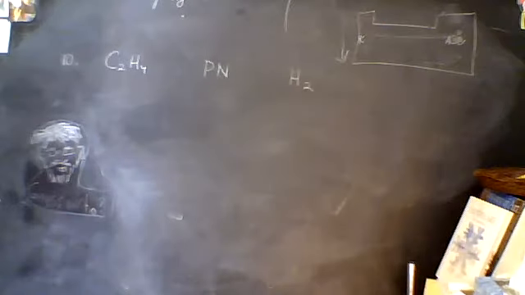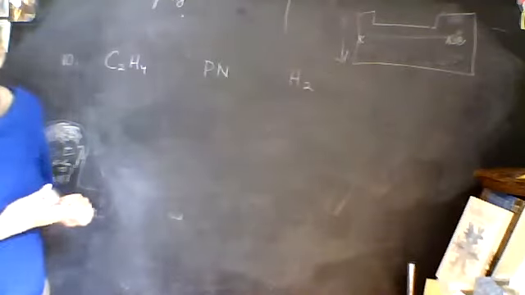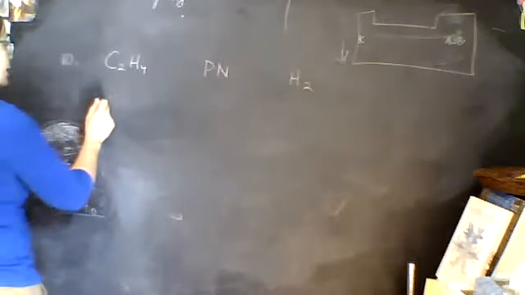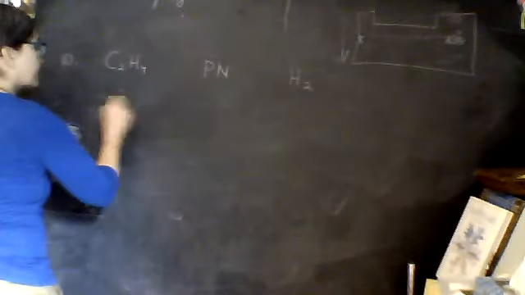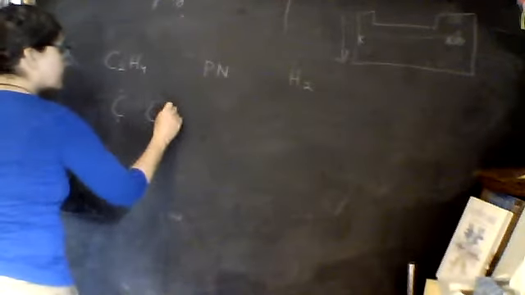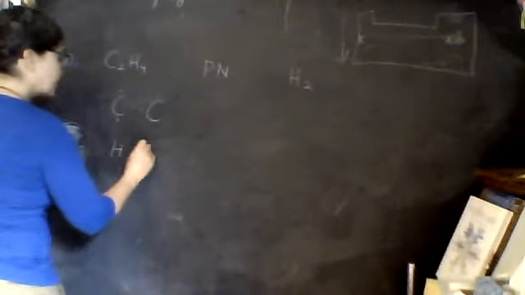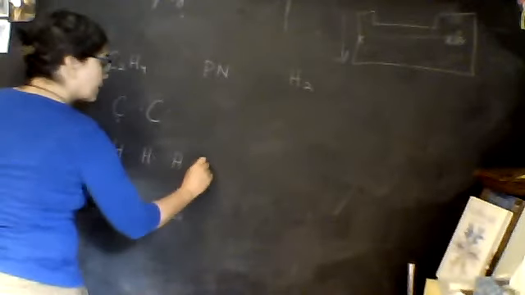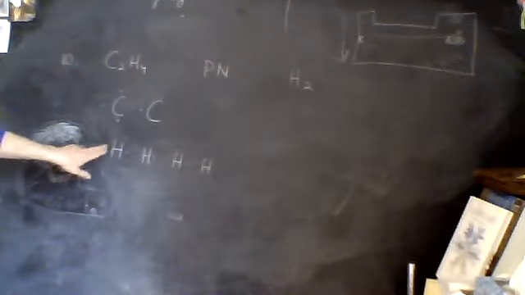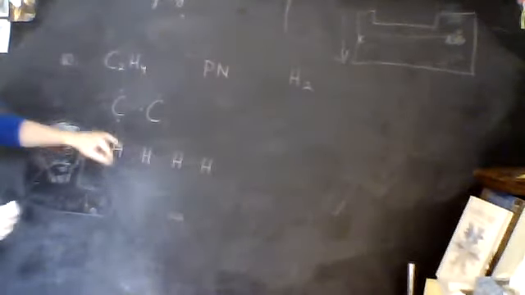Okay. So in order to look at that, we have to see what their Lewis structures look like. Okay. So C, what does C look like again? C is in column 4. So it's 4. H, H, H, H, right? These two are going to come together, and there's going to be double bonds because we have all these extra electrons.